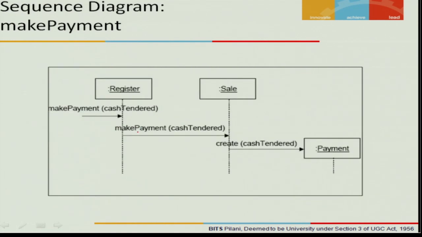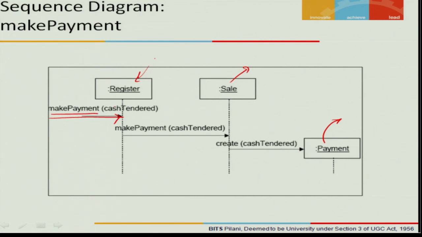This is the collaboration diagram we can draw, and this is the sequence diagram which we tried to draw for POS. So what we are doing in this, as we discussed, there is register, there is sale, and there is payment. These three objects are contributing in the make payment scenario. From the outside world, this make payment event is getting generated.